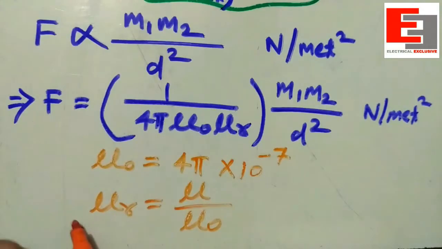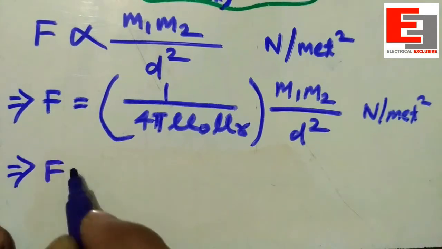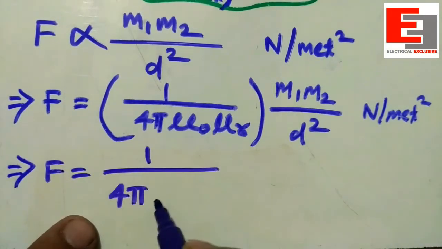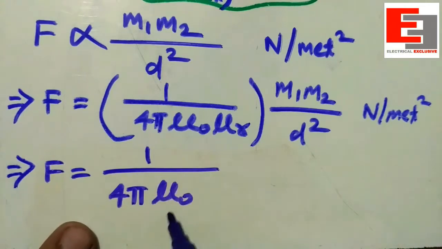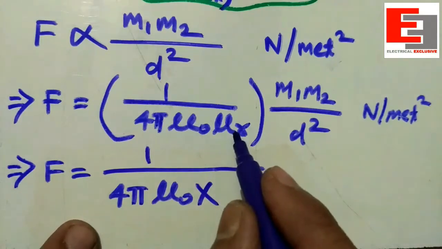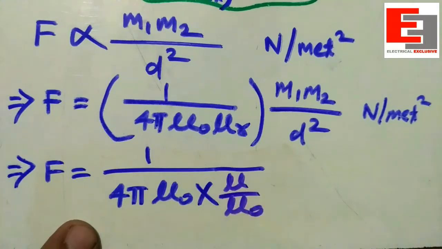Now all we need to do is put the value of relative permeability in this equation. It implies F is equal to 1 by 4 pi mu0. We don't need to put the value of mu0 because it will be cancelled out. Instead of mu_r, we shall put the value mu by mu0.